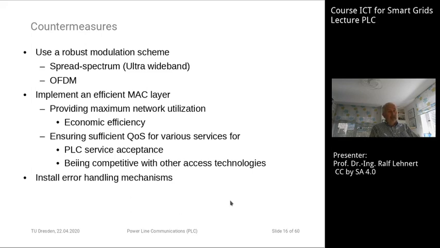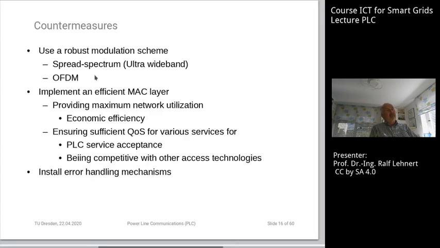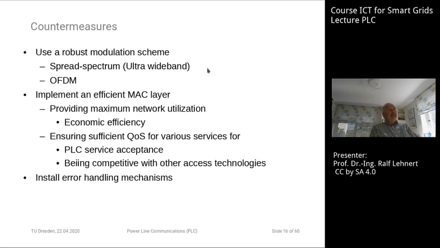Okay, how to deal with all these problems? What are the countermeasures? We have to use a very robust modulation scheme. And in recent times there have been two developments triggered by the advent of modern mobile communications.